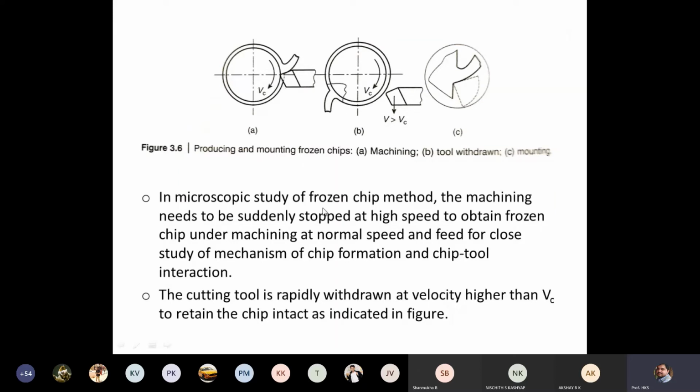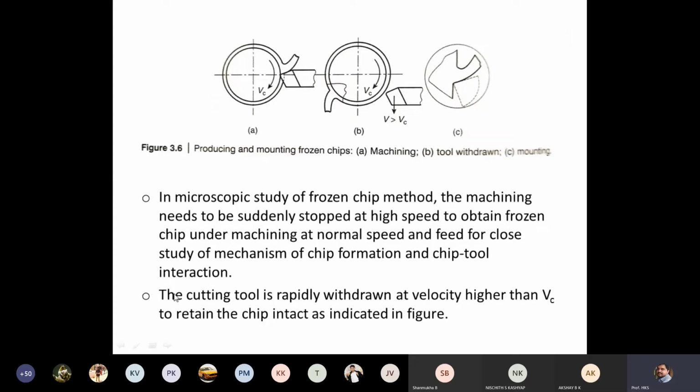In the microscopic study of frozen chip method, the machining needs to be suddenly stopped at high speed to obtain a frozen chip under machining at normal speed, for close study of the mechanism of chip formation and chip tool interaction. That means you are suddenly stopping the machine.